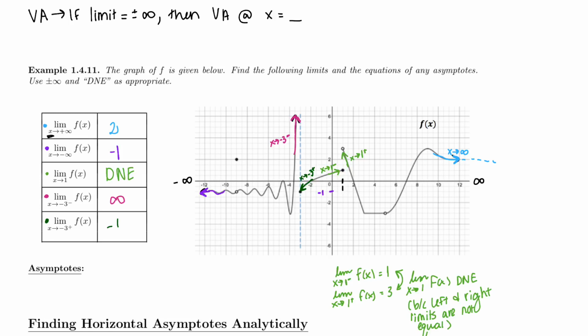Right? So if a limit equals positive or negative infinity, like in this case right here, this is going to give you a vertical asymptote at this x value.